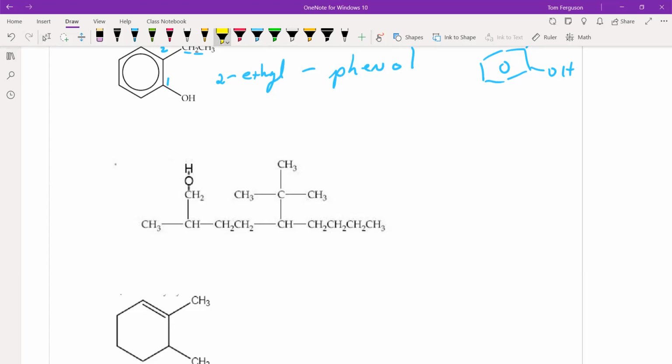So remember, the longest carbon backbone has to include the functional group. So if this is an alcohol, the longest chain has to include the OH group. So for sure, there's that. Okay, so that's 2, 3, 4, 5, 6, 7, 8, 9. 3, 4, 5, 6, 7. So it looks like that's the longest chain.